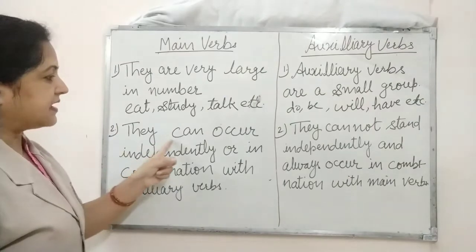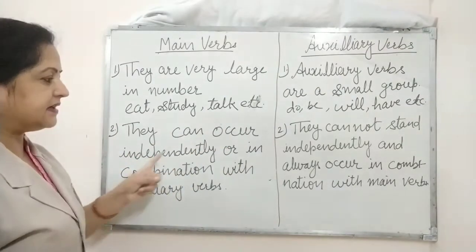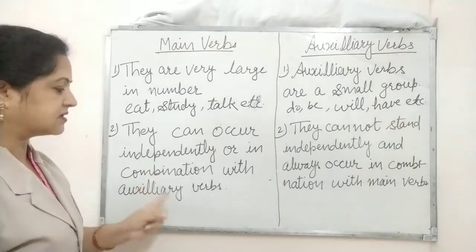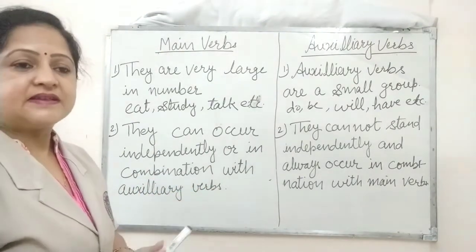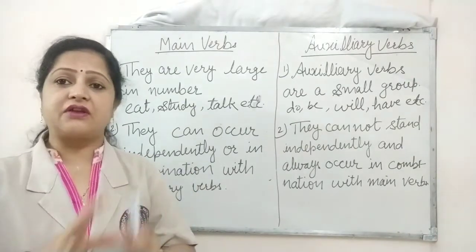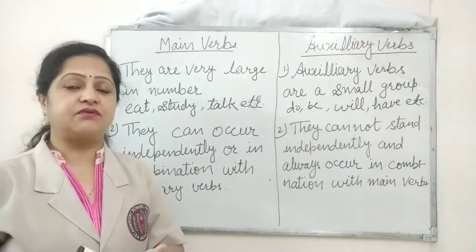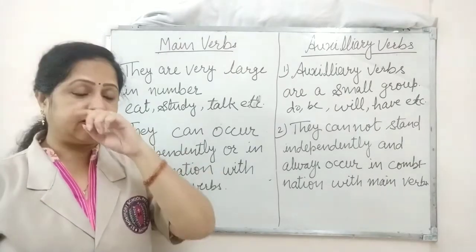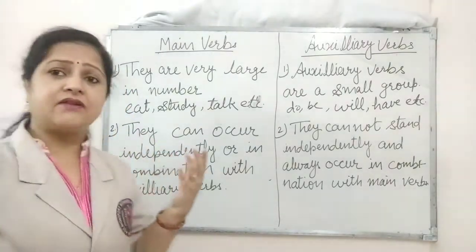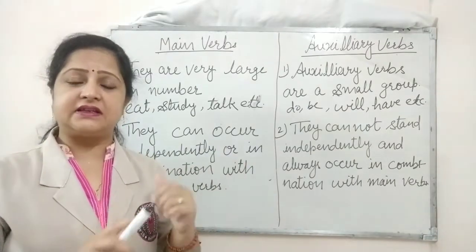Now, the second difference is given here. Main verbs can occur independently or in combination with auxiliary verbs. That means main verbs do not require auxiliary verbs to give the complete meaning of the sentence, and they can also occur with auxiliary verbs.